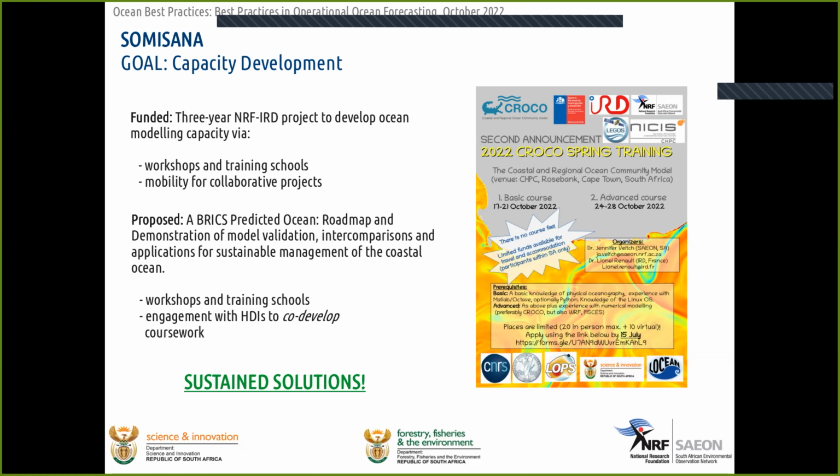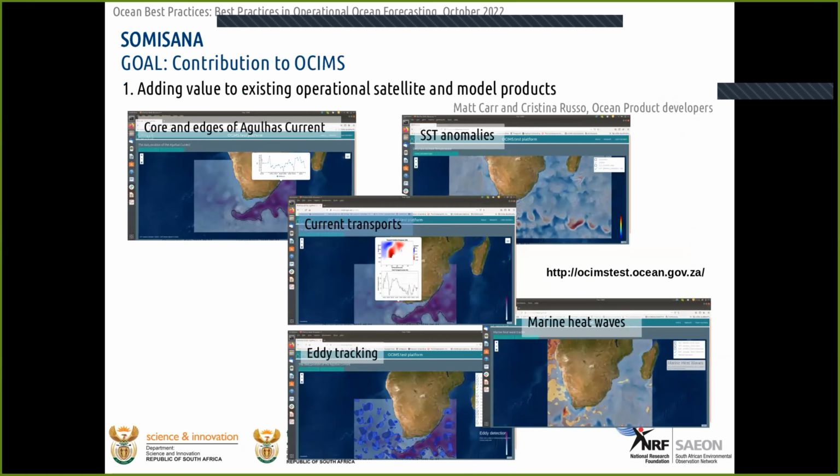So in parallel to the human capacity development, of course, we are developing operational products that are being integrated into oceans. These products add value to freely available satellite as well as global ocean forecasts, which are improving all of the time. And so they are beginning to do a really good job at the regional and basin scale around our coastline.